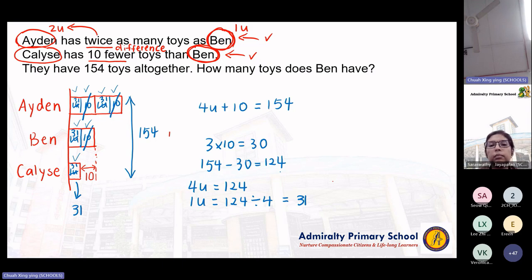And now, at this point of time, we are able to solve any questions that come after. In this question, they ask, how many toys does Ben have? So Ben is this.